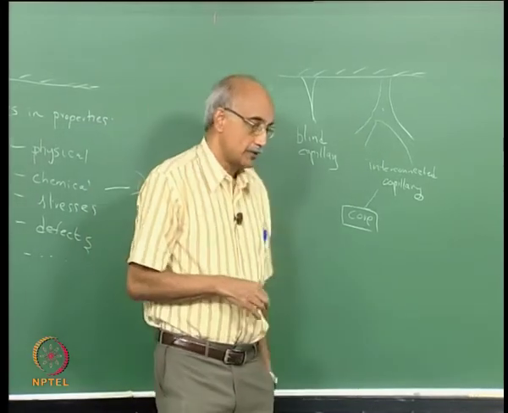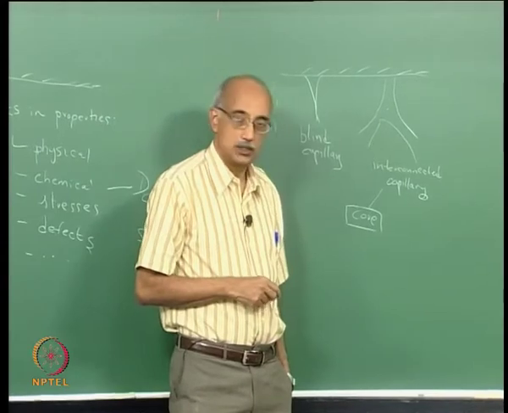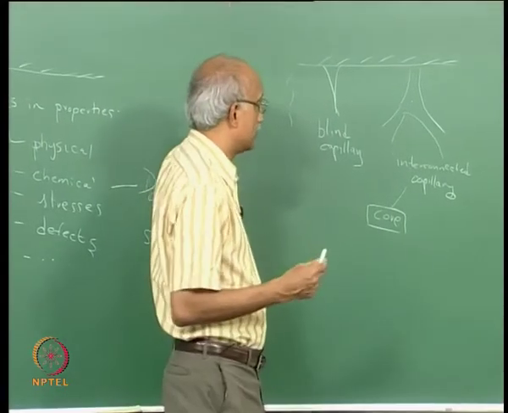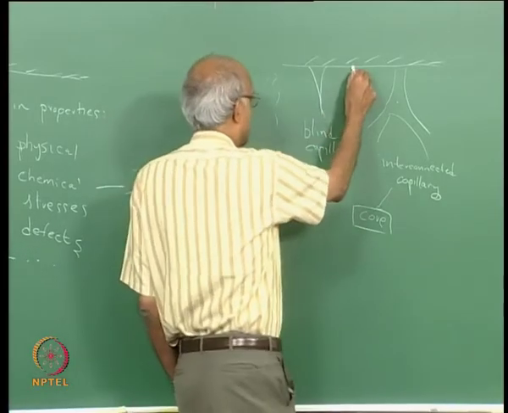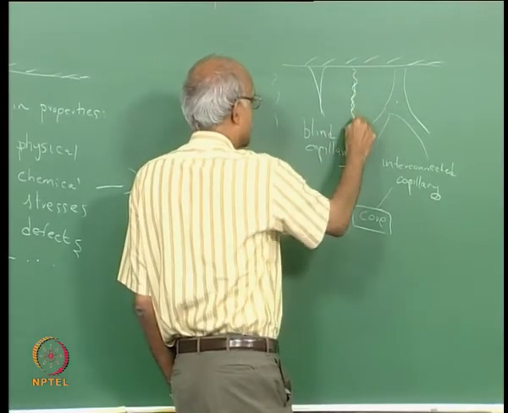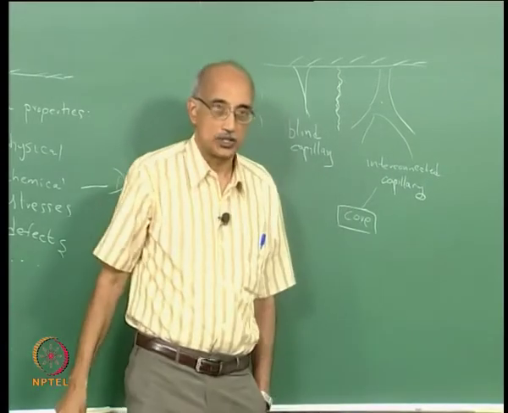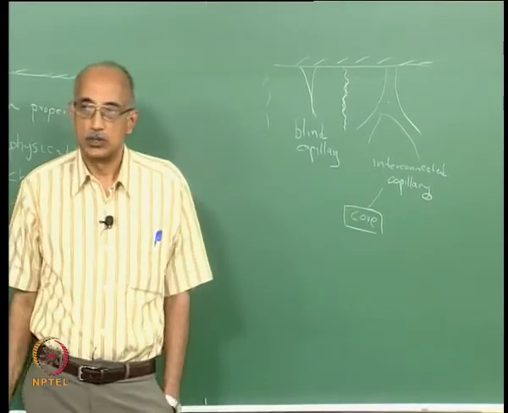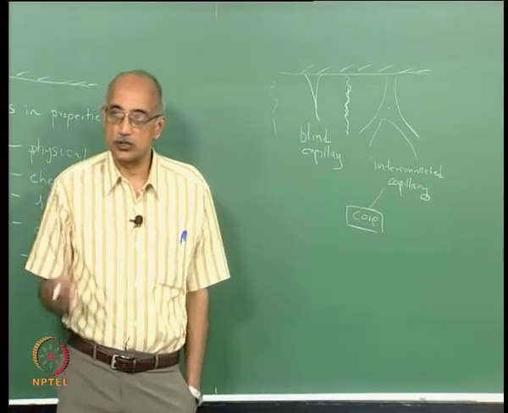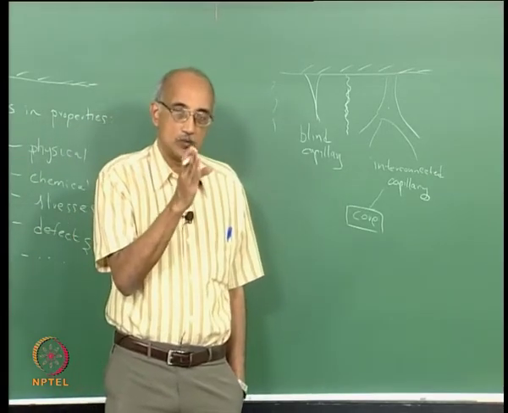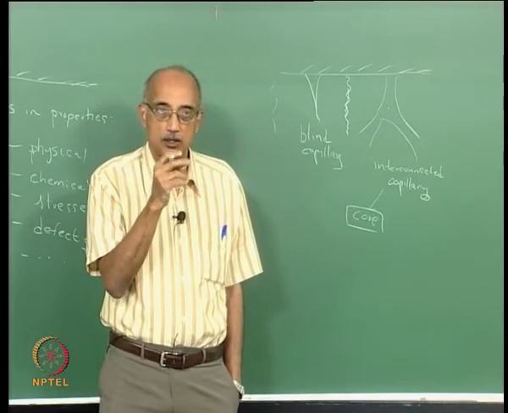Now the other kind of thing that you will see in the subsurface are the grain boundaries and the phase boundaries. So if you have a multi-grain structure, you may see a line of separation between the grains. As you increase your magnification or you start using an atomic force microscope, you can actually start seeing where these grains are laid down.